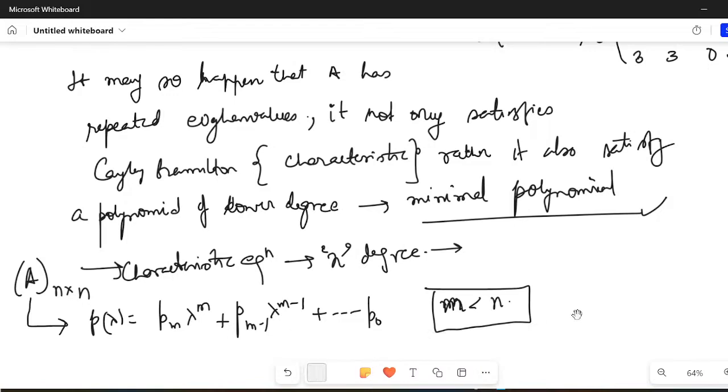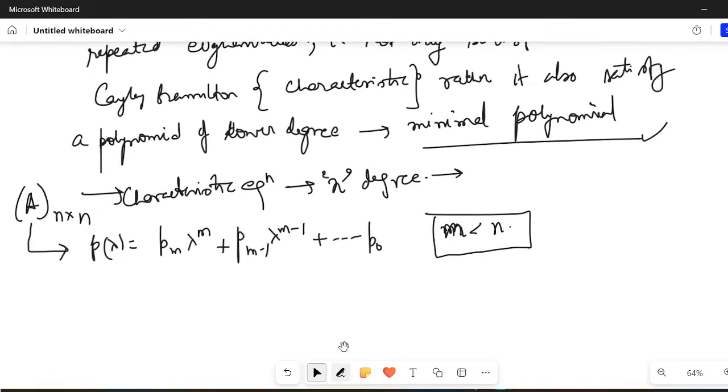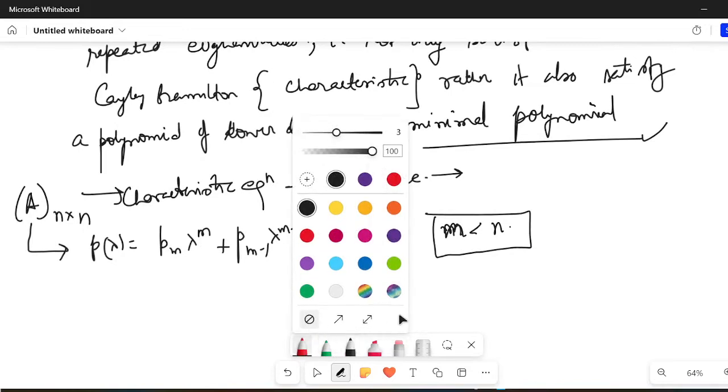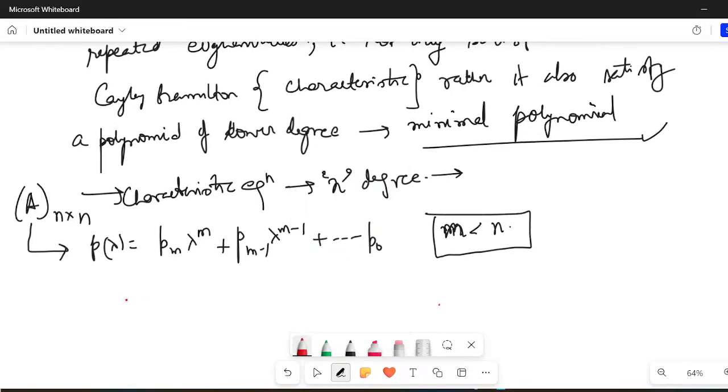However, note that from a mathematics point of view, the converse is not true. I have written that it may so happen that if eigenvalues are repeated, then there is a possibility of a minimal polynomial. But the existence of a repeated eigenvalue does not necessarily imply it.